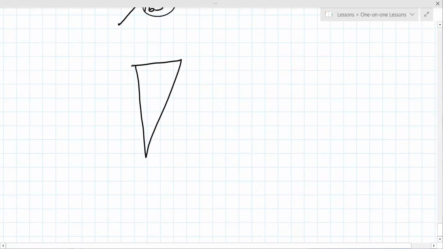So if I give you a triangle like this, and this angle right here is pretty big, I'm going to call it 172 degrees. And let's just say this is 102 degrees. What is x?